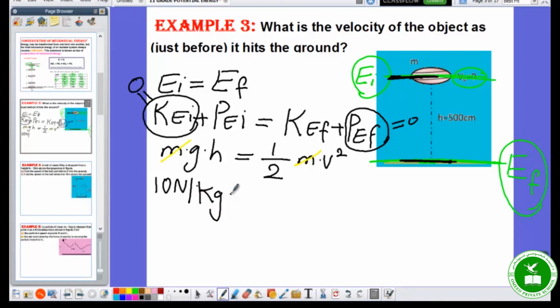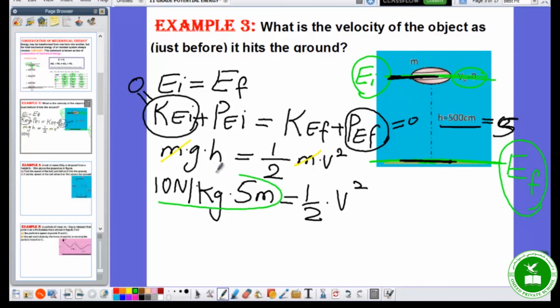It is 500 centimeter, but we should write in meters, so it becomes 5 meters. So 10 times 5 meter should be equal to 1 over 2 times v square. Left side becomes 50.